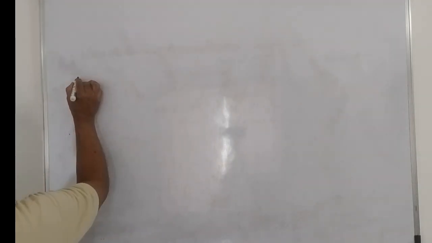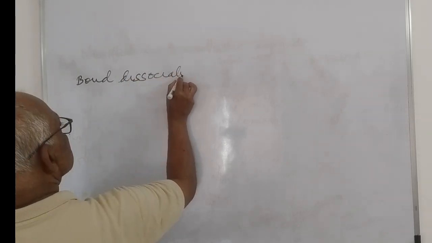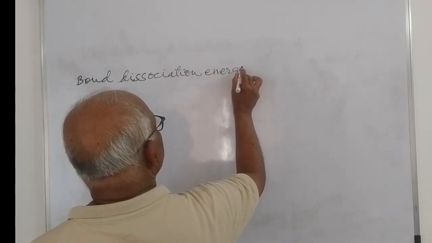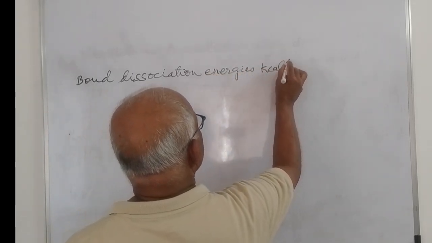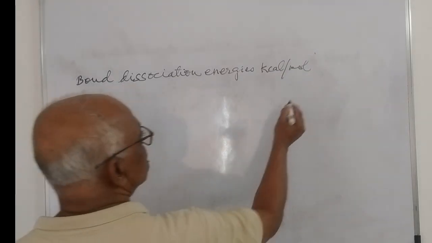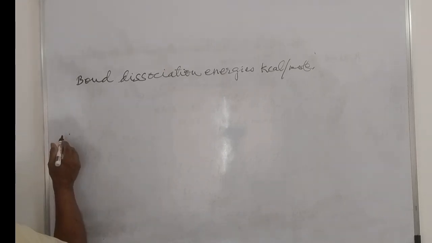So we will see here the bond dissociation energies, which are given in kilocalories per mole, and simultaneously the boiling points are also given for single metal covalent bonds. These are given as follows here.